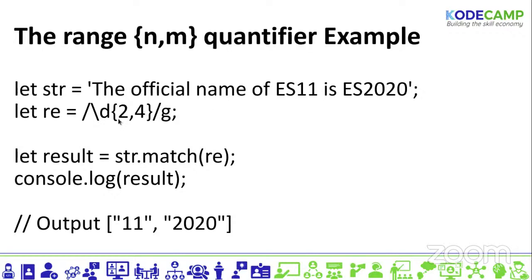If we put 2 and 3, for example, that will return 202 instead of 2020 here. So that's how you use range quantifiers in JavaScript regular expressions. You can specify a range.